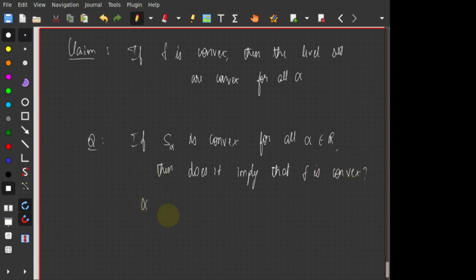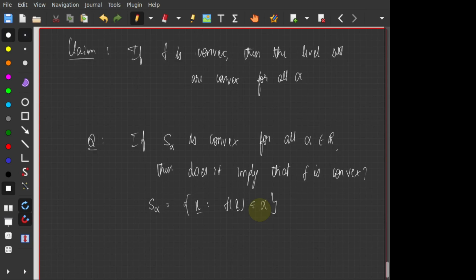Remember, S alpha is the set of all x such that f of x is less than or equal to alpha. Just think about examples of functions on R. Suppose that the level set is always a closed interval.